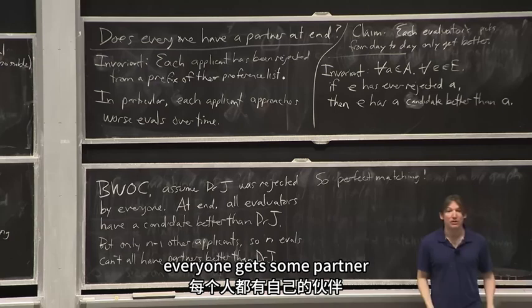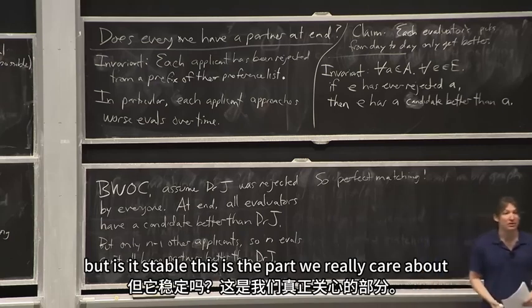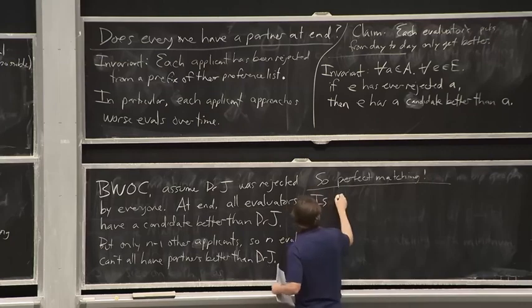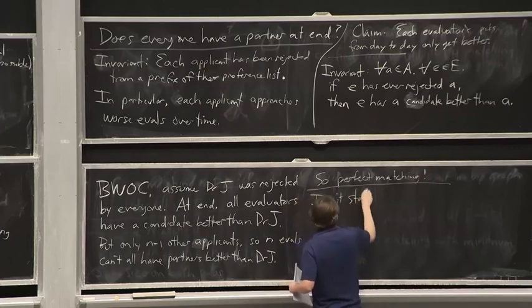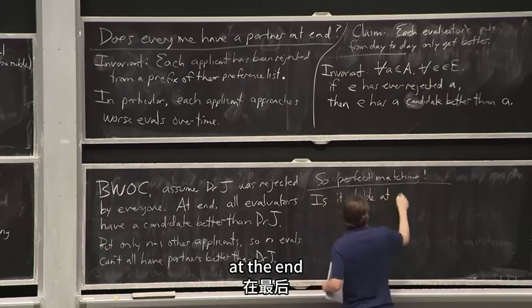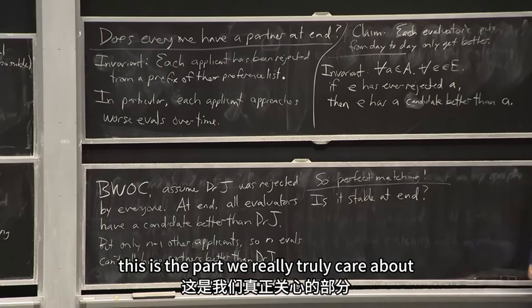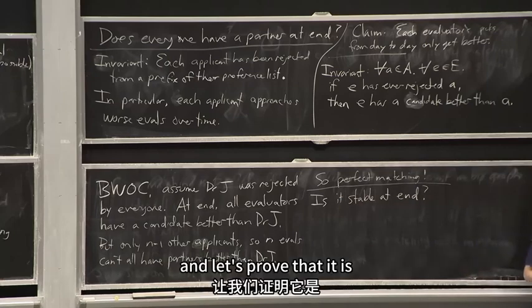Everyone gets some partner. But is it stable? This is the part we really care about. Is it stable at the end? This is the part we really, truly care about. And let's prove that it is.